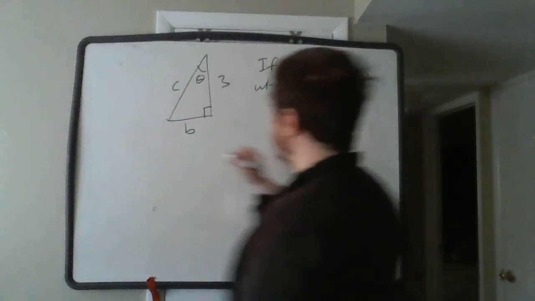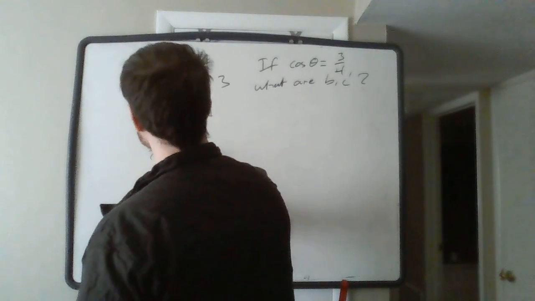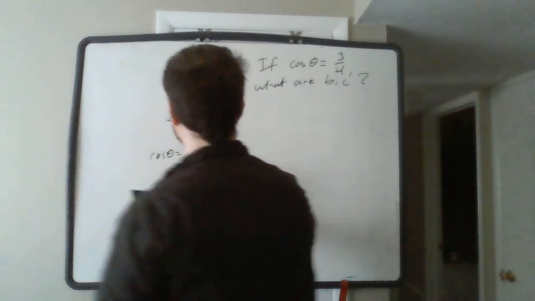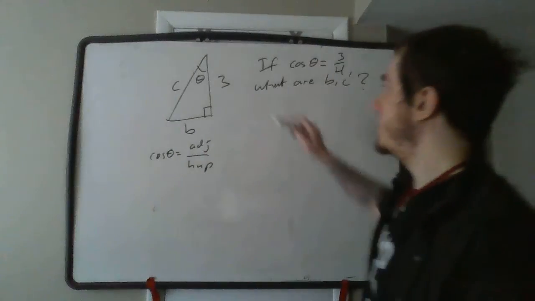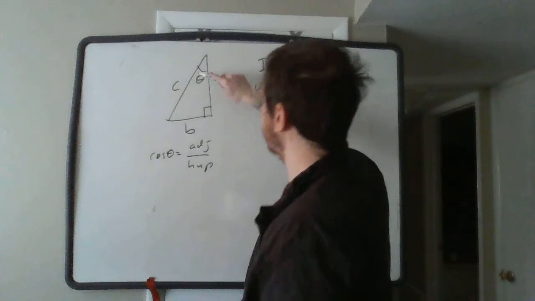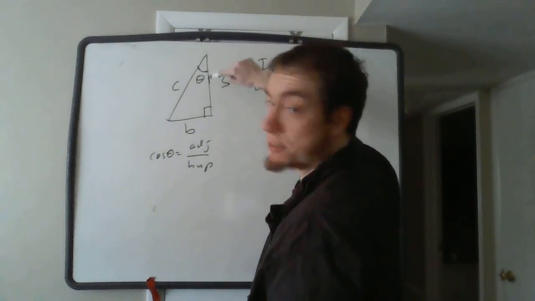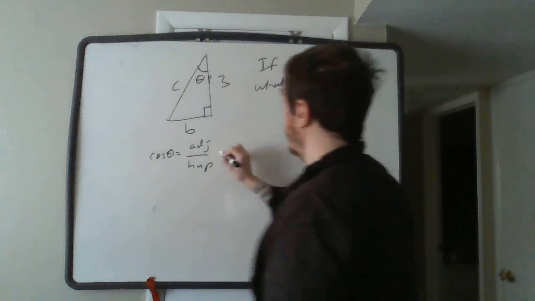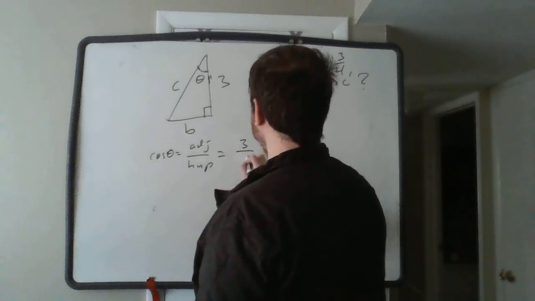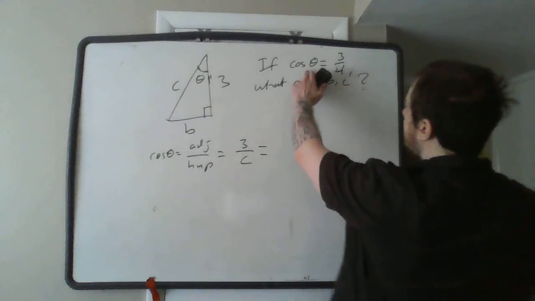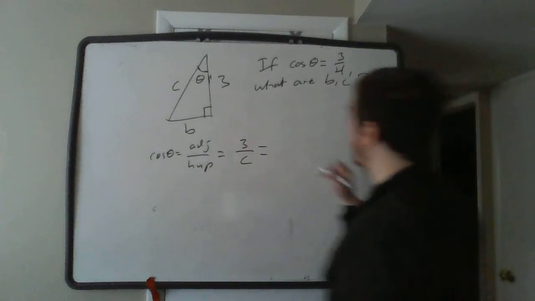So what I know is that the cosine of theta is adjacent over hypotenuse. Well, what is the adjacent here? The adjacent side has a length of 3 because the angle theta is this angle up here, and so this is my adjacent side. So this is going to be 3 over c. But I'm also given that the cosine of theta is 3 over 4.